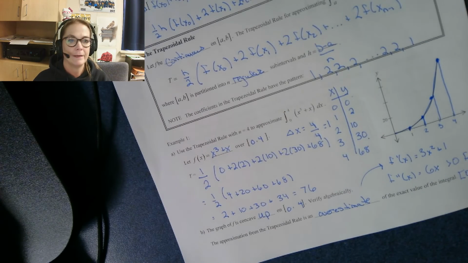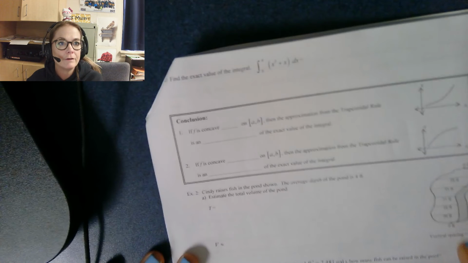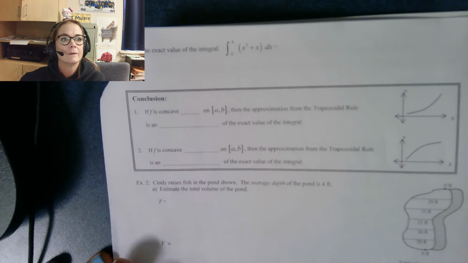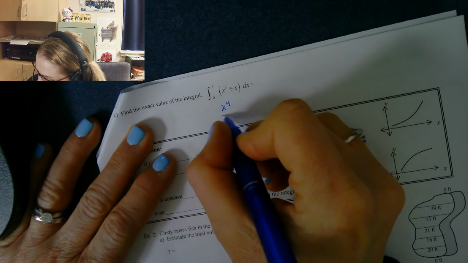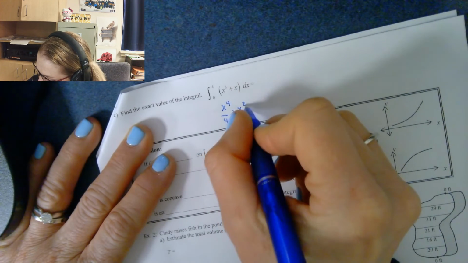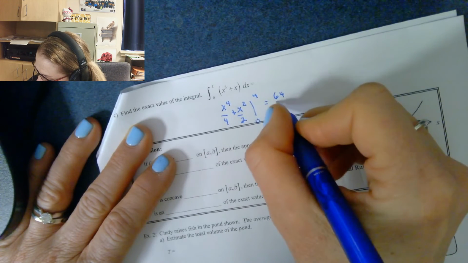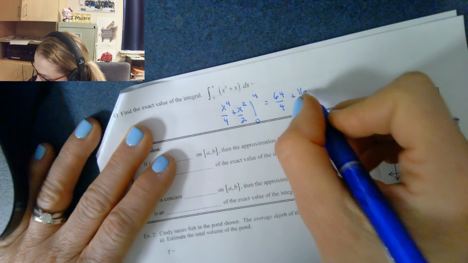All right, I'm going to flip the page, which says to find the exact value of the integral. So we can do this one. We didn't really need a TRAM here. Okay, and so this is x to the 4th over 4 plus x squared over 2, 0 to 4, we like zeros. 256 over 4 plus 16 over 2.